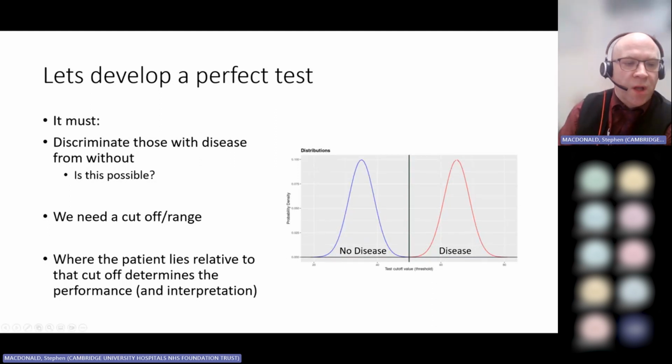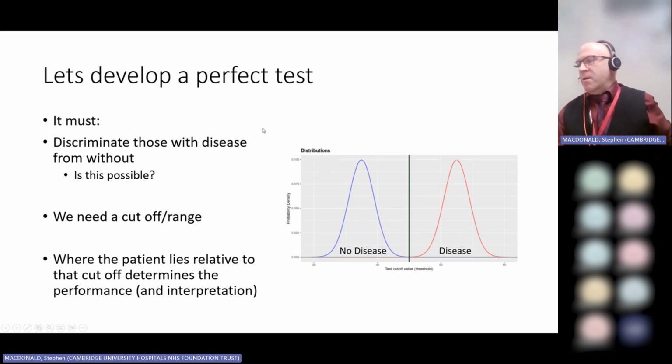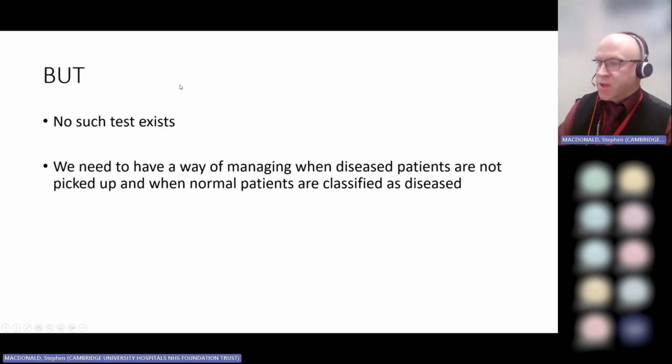And so where the patient lies relative to the cutoff determines the performance. So in a situation like this, we would be very happy with this test. We would think it would have 100% sensitivity and 100% specificity because there's no overlap at all. But unfortunately, no such test exists.